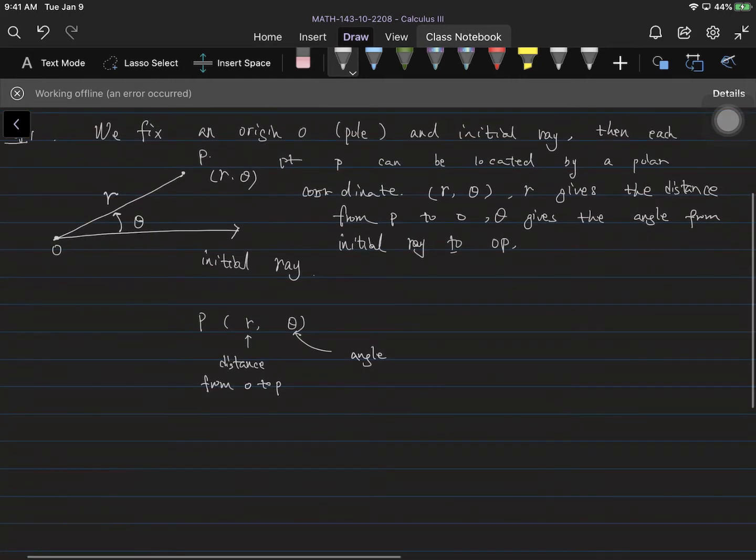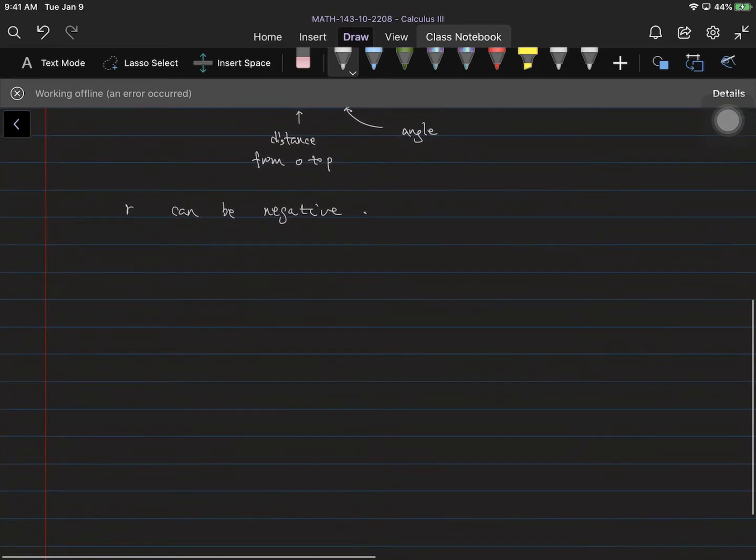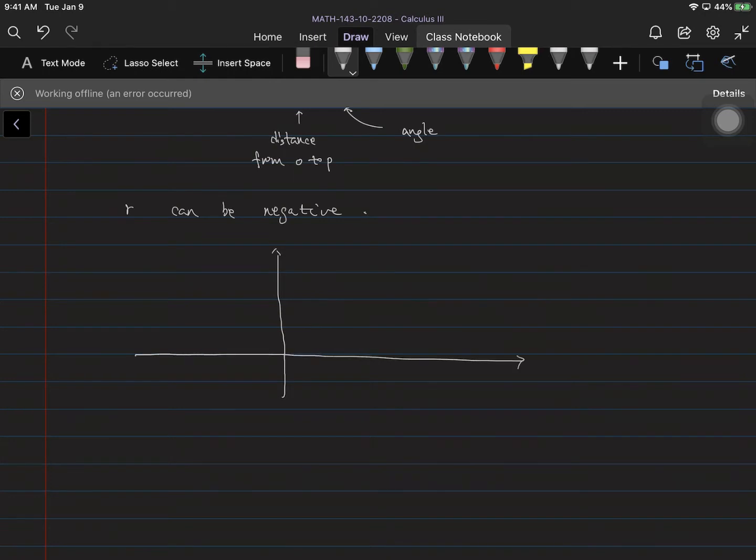And here r can be negative. I will show you. Now let's take a look at some example points.